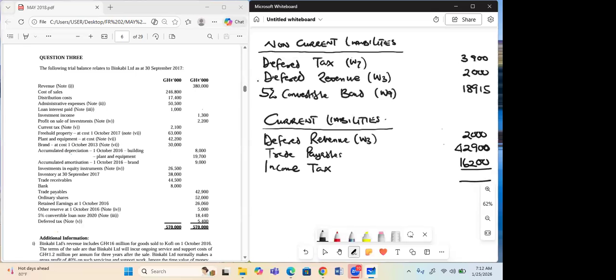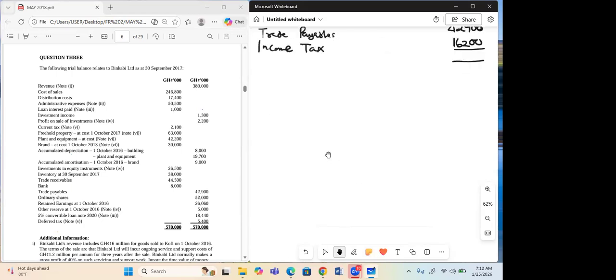Okay, let's do our PPE schedule and put a figure there. Let's do our PPE schedule and then let's fix the figure there and then we can do it.